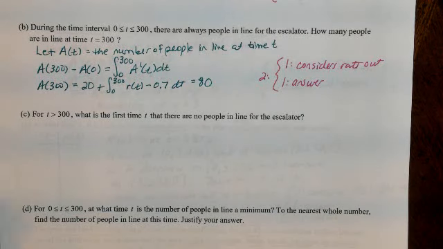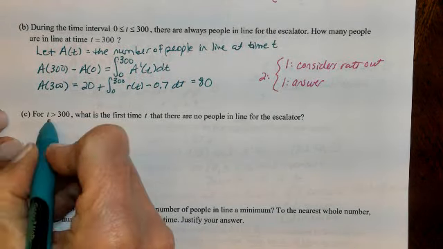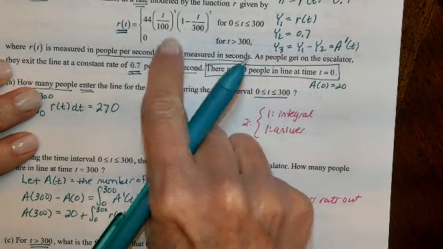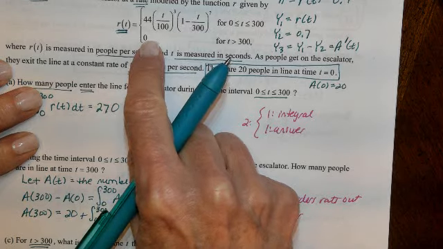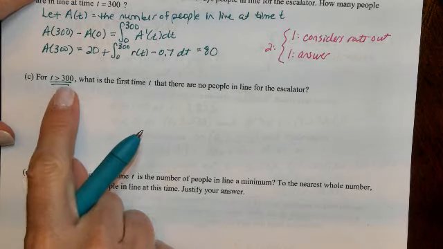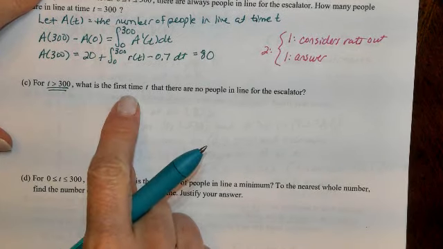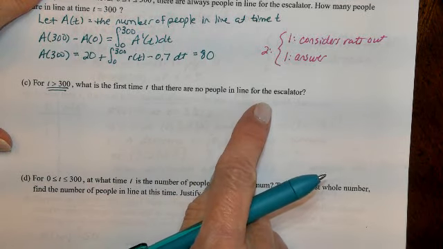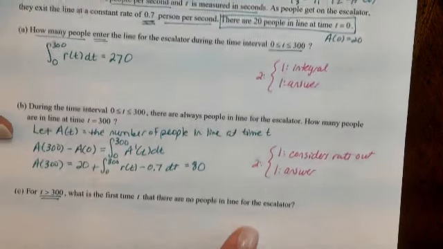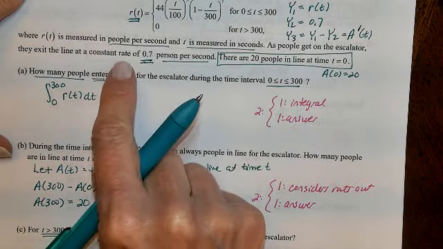For time greater than 300. So now we're going above 300. So remember, above 300, nobody enters the line. All right? For time greater than 300, what is the first time that there are no people in line for the escalator? So people are still exiting.